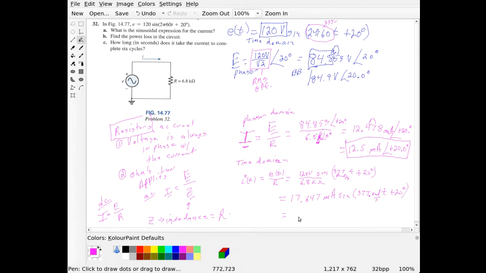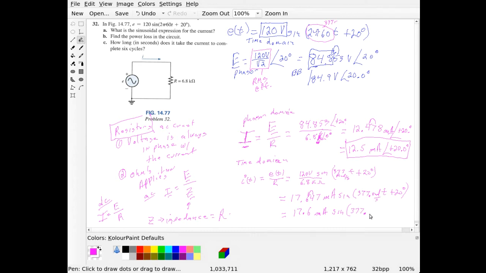And so if I'm going to put that into Blackboard, it would be 17.6. Now this 4 would not round that up, so it'd be 17.6 milliamperes sine 377. I recommend you go ahead and put the decimal point.